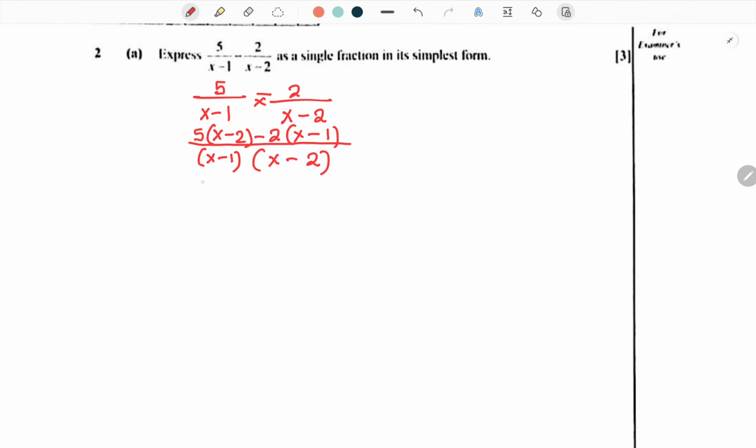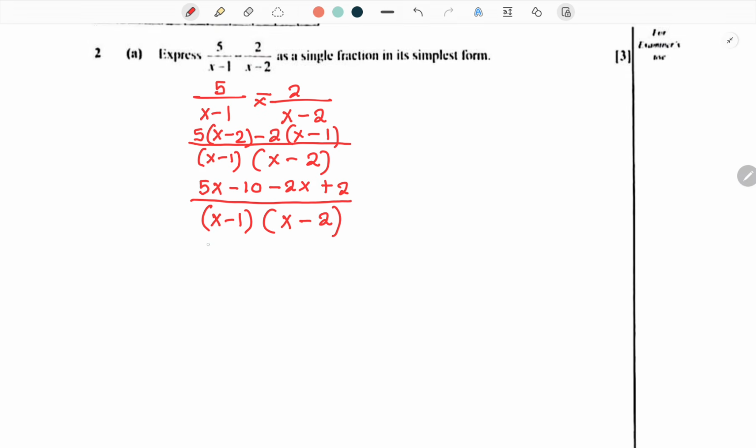From there, 5 multiplied by x is going to equal to 5x. 5 multiplied by negative 2 is going to equal to negative 10. Then minus 2 multiplied by x, it's going to be minus 2x. Minus 2 multiplied by minus 1, we are going to get positive 2. Of course, I'll repeat the same thing. I'm going to have x minus 1, and then I'm going to get x minus 2.